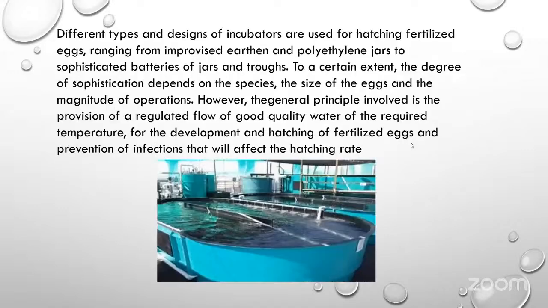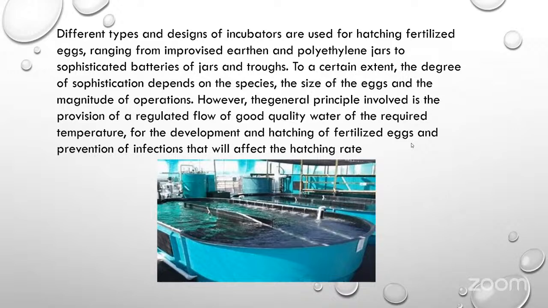Different types and designs of incubators are used for hatching fertilized eggs, ranging from improvised earthen and polyethylene jars to sophisticated batteries of jars and troughs. To a certain extent, the degree of sophistication depends on the species, the size of the eggs, and the magnitude of operations.